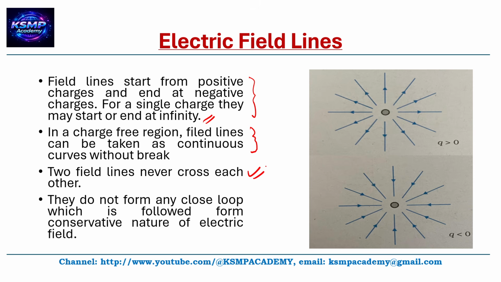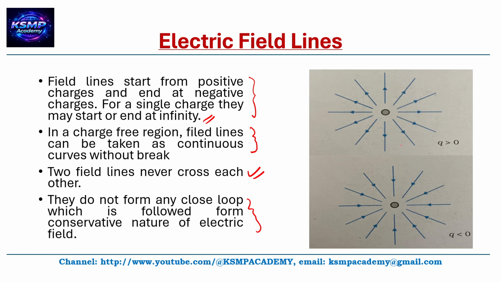And this point is very important, that two field lines never cross. They do not form any closed loop. We should remember that electric field lines never form a closed loop because of the conservative nature of the electric field.